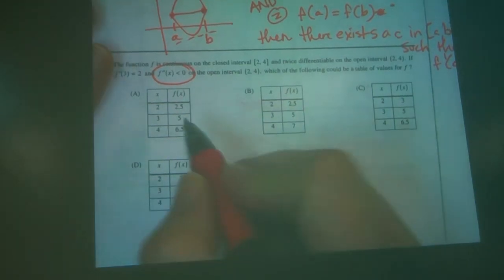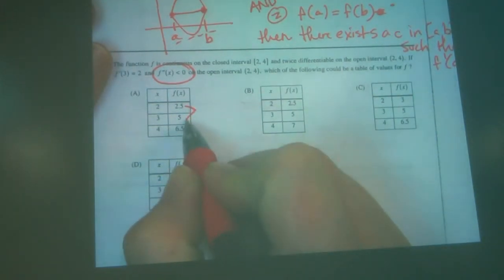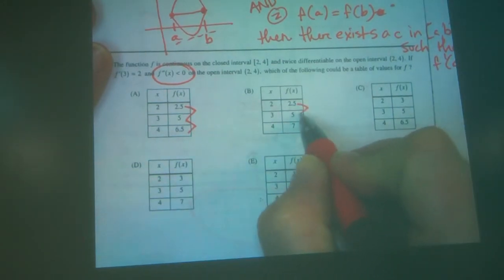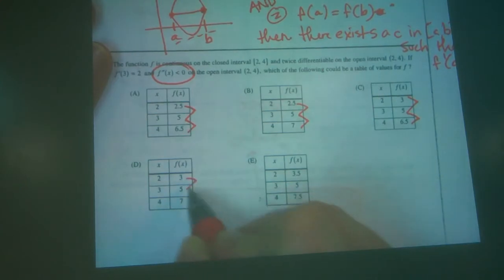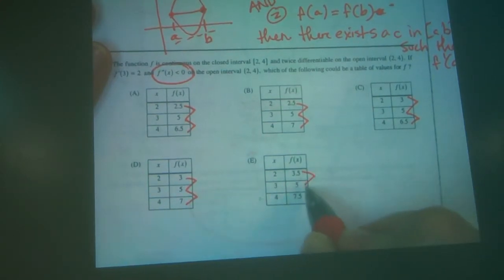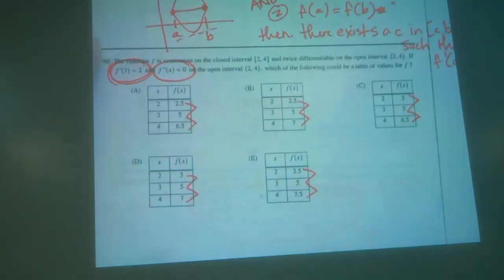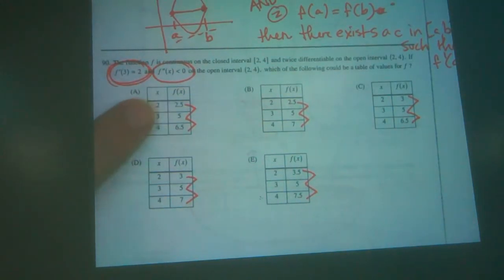Okay, so if I look at what's happening here, at how these are changing. Because remember, that's what the derivative and the second derivative are talking about. They're talking about the rates of change that are going on here.